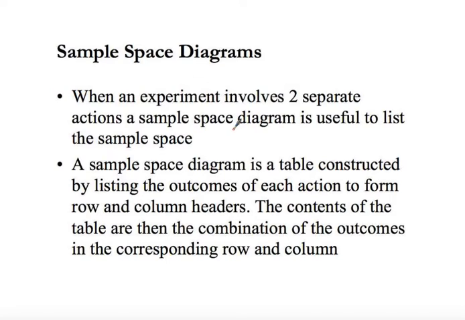And that's when we need a sample space diagram. Now, sample space diagram sounds incredibly technical, but really it's just a table constructed by listing the outcomes of each action to form row and column headers, and then the contents in the middle of the table are the combination of the outcomes in the corresponding row and column.